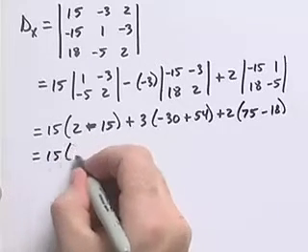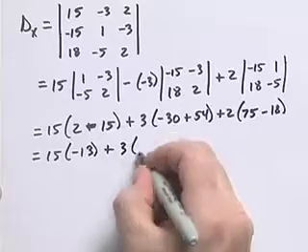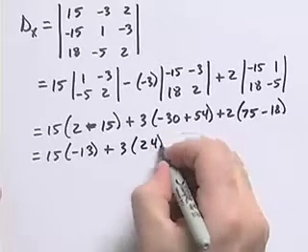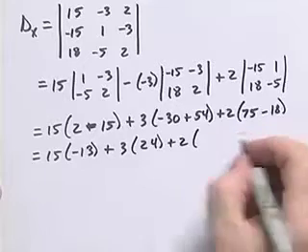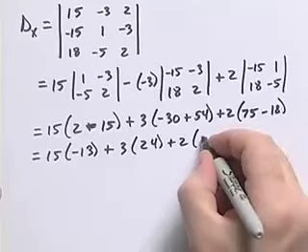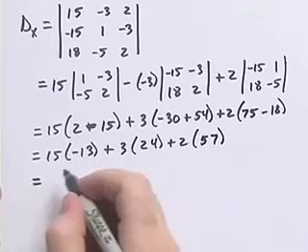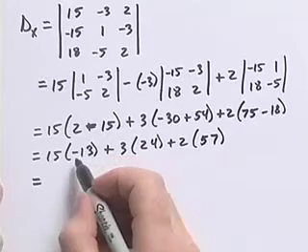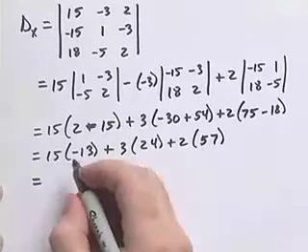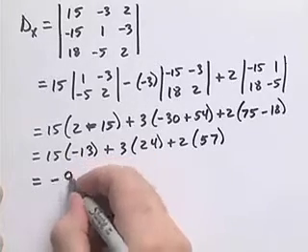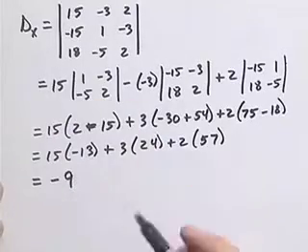So here we'll have 15 times negative 13 plus 3 times 24 plus 2 times 75 minus 18, which will be 57. 15 times negative 13 plus 3 times 24 plus 2 times 57. If we evaluate that, it will give us negative 9. So Dx, the determinant for x, will be negative 9.